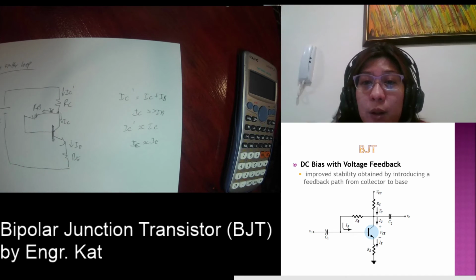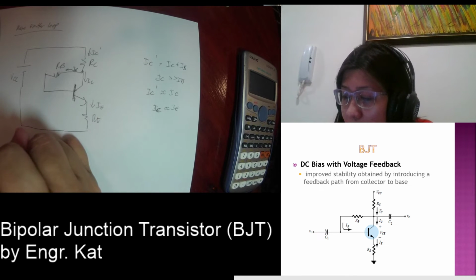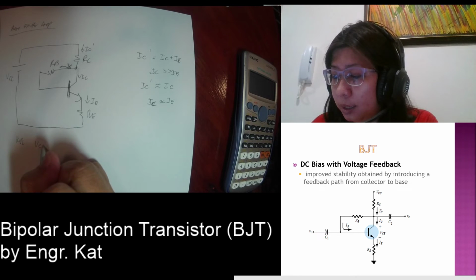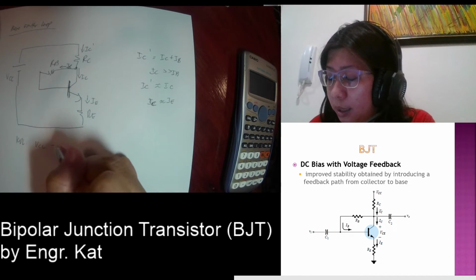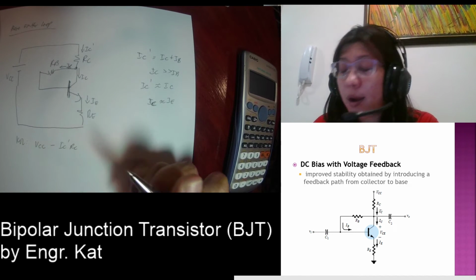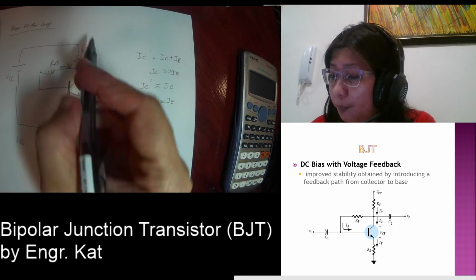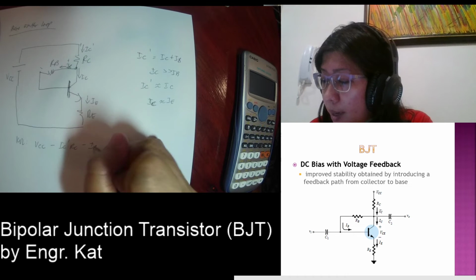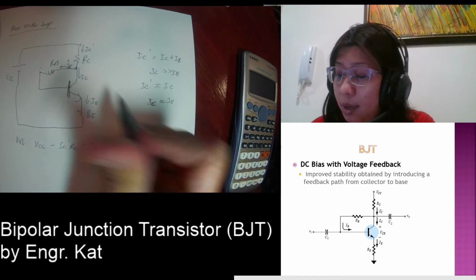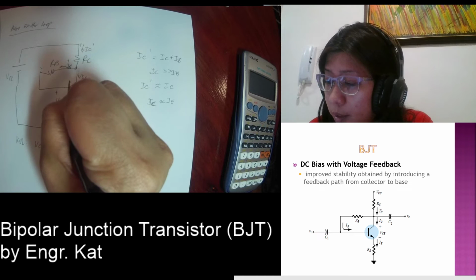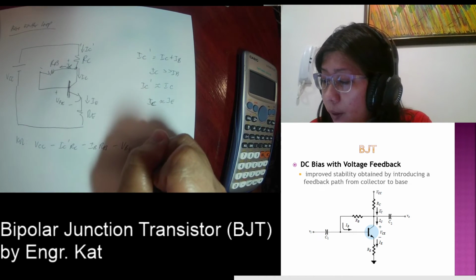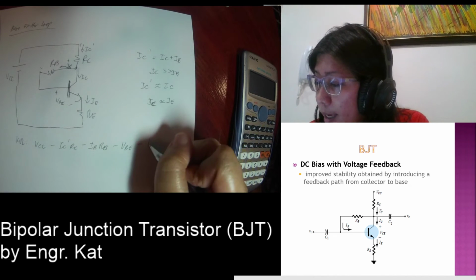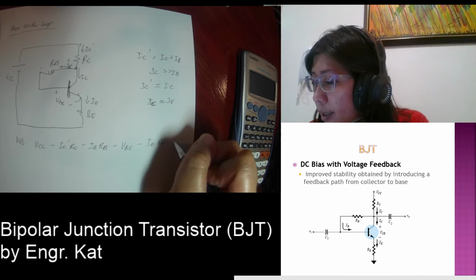Okay, so if we have a loop there, KVL, so what do we have? You have plus VCC, minus IC prime RC, minus IB multiplied by RB, minus VBE, minus IE multiplied by RE is equal to 0.